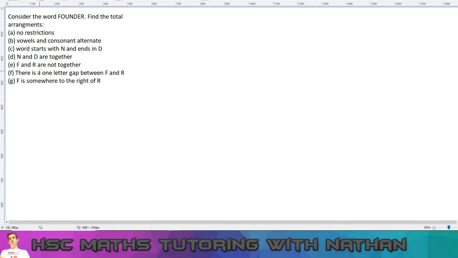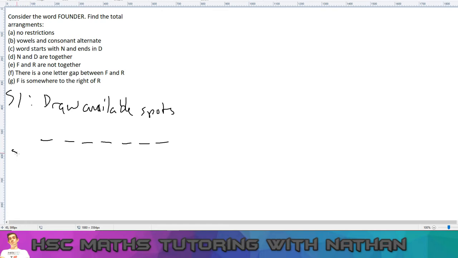Okay, so what's the process for permutations? Well, what we want to do is draw available spots. In this example, we've got 7 letters, so we have 7 available spots. Next, we fill in special conditions.